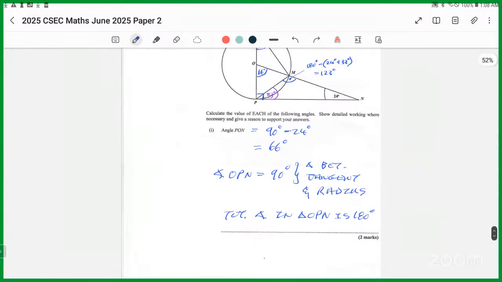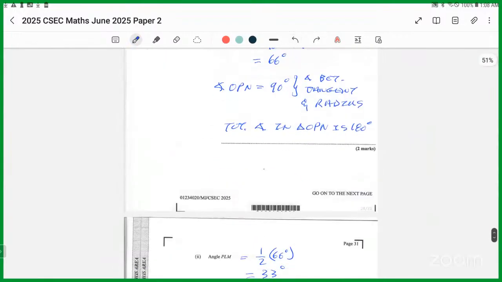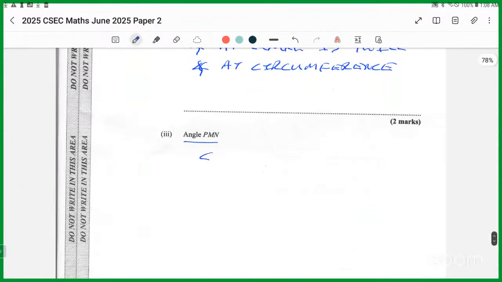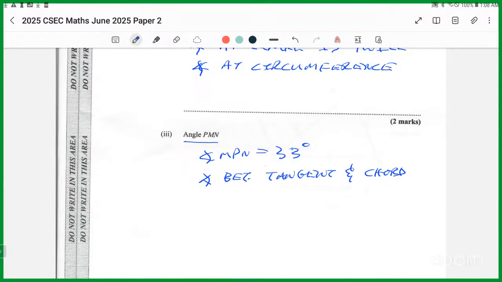I'm going to say that angle MPN equals 33 degrees first, the same 33 that we just found at the top, because the angle between the tangent and the chord equals the angle subtended by the chord at the circumference in the alternate segment.